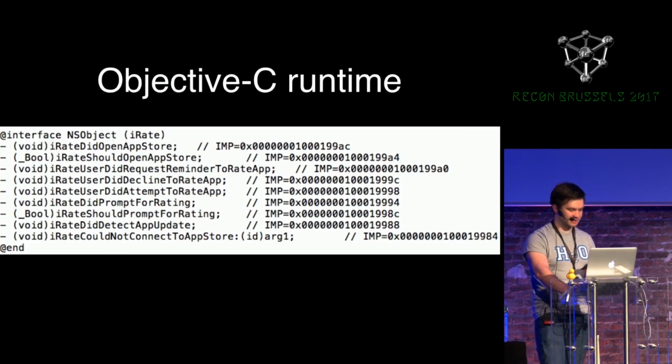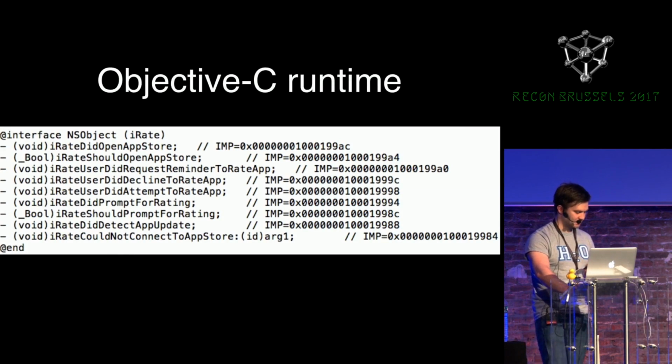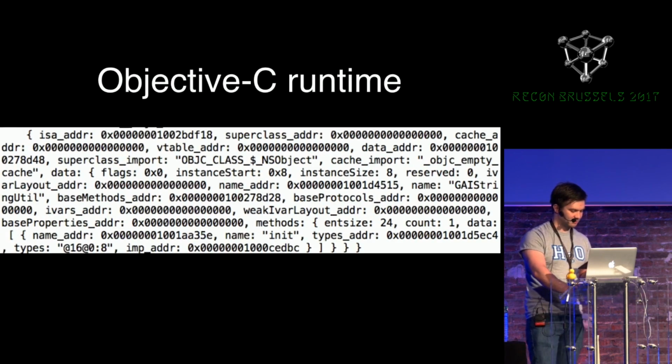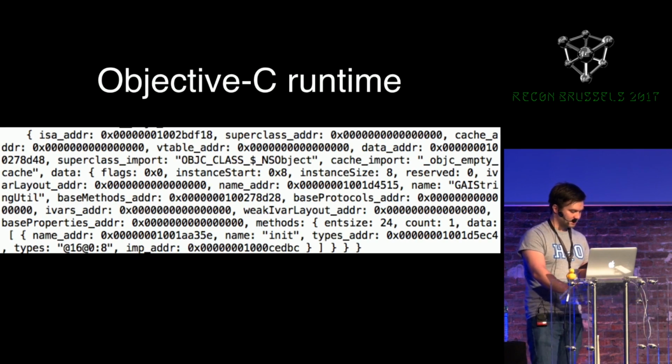So there is an example of a recovered Objective-C interface. And there is an example of recovered auxiliary information about an Objective-C class. There is an encoded signature for each method of the class.